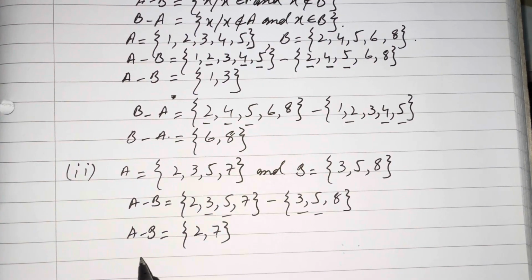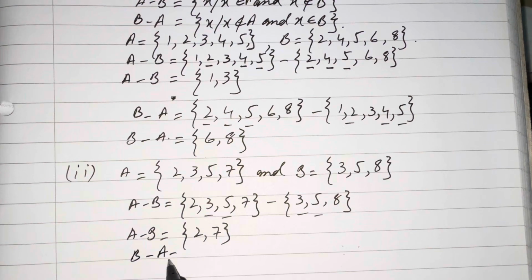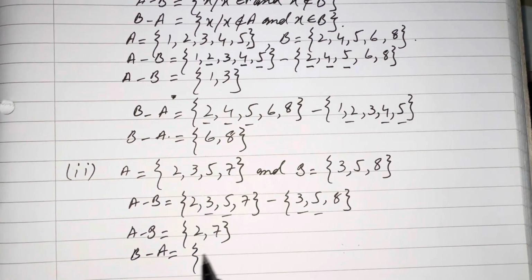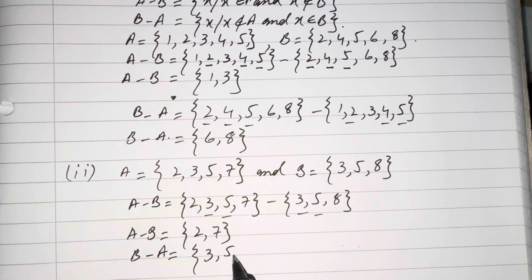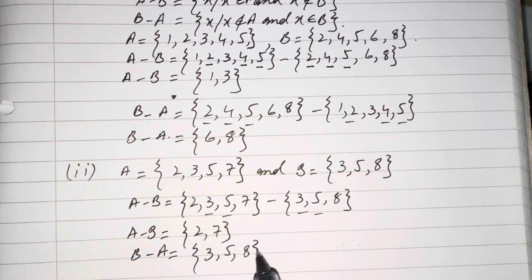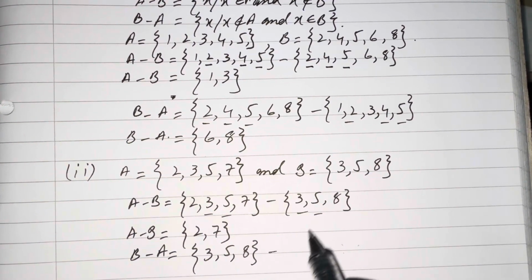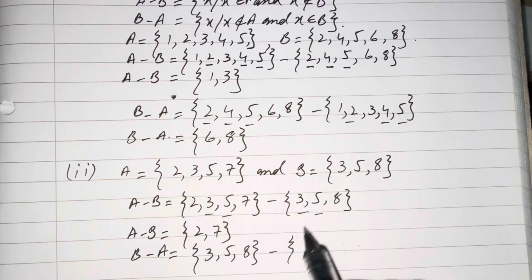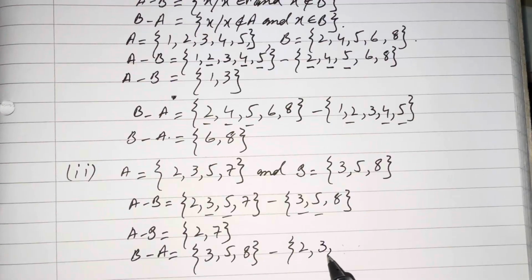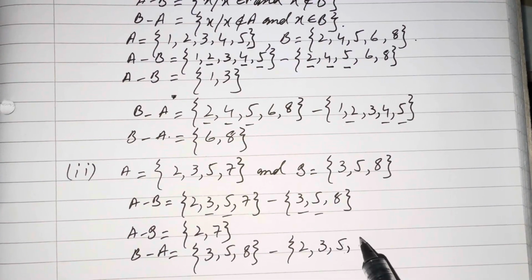So if we find B minus A, then the B set will be written first, 3, 5, and 8, minus the A set, 2, 3, 5, and 7.